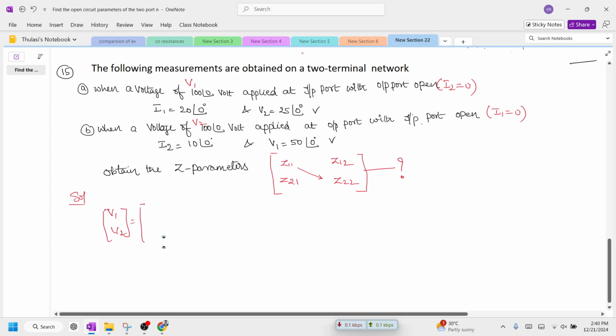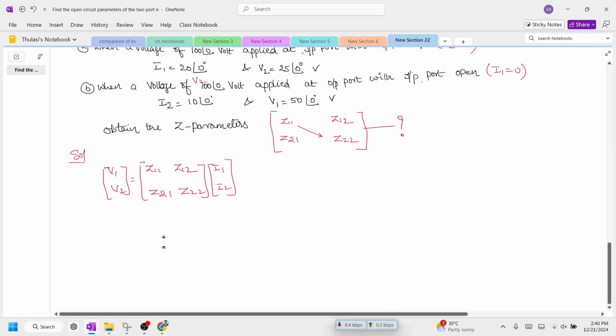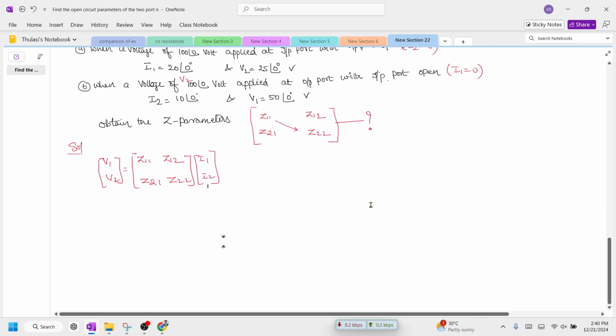V1, V2 is equal to the matrix Z11, Z12, Z21 as well as Z22, into I1, I2. From this equation we'll write down the equations of V1 and V2.